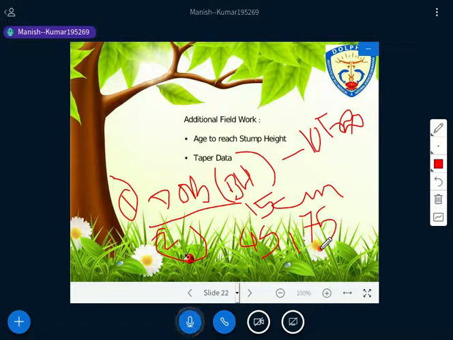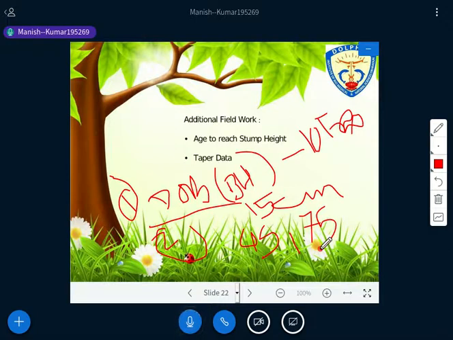Listen carefully again on how to collect the taper data. The first step is to collect diameter over bark at breast height for at least 10 trees. The second thing is to use the chisel to remove the bark. And what is the position to remove the bark? From the ground level it should be 15 centimeter, 45 centimeter and 75 centimeter, and then you have to record the diameter under bark at that height.